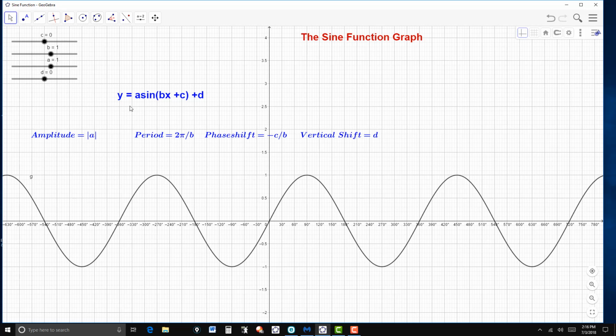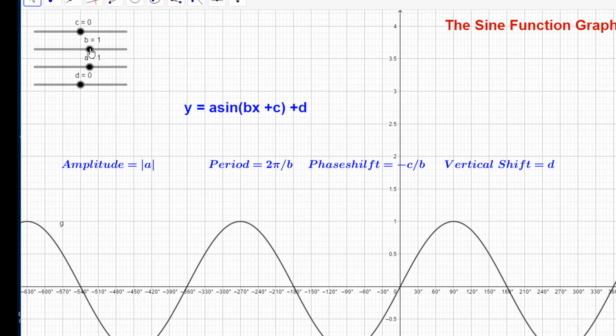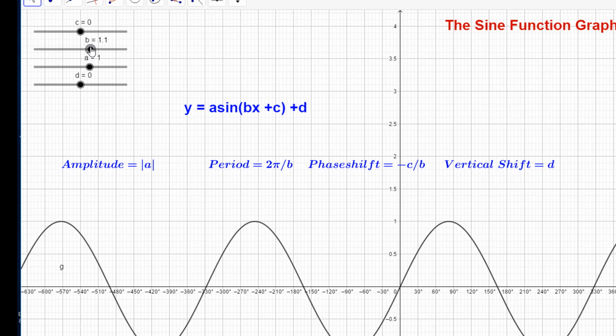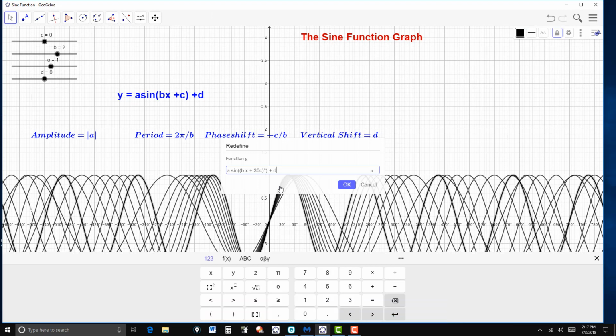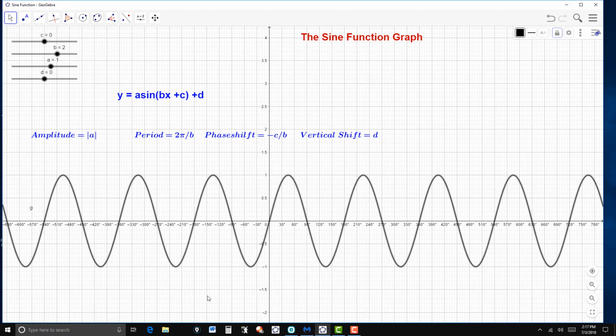Now, let's go ahead and change the value of b, the coefficient of x, so you can see what happens. Let's go to 2. You can see it gives you the change as you go. The amplitude obviously stayed the same because a is still 1.